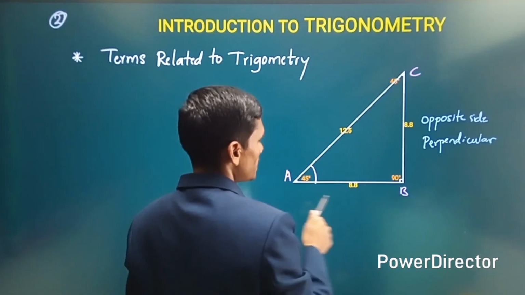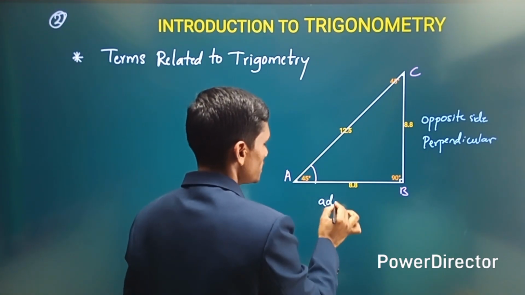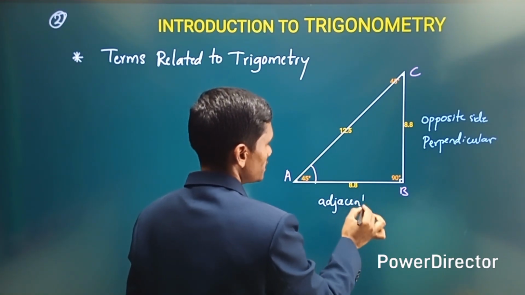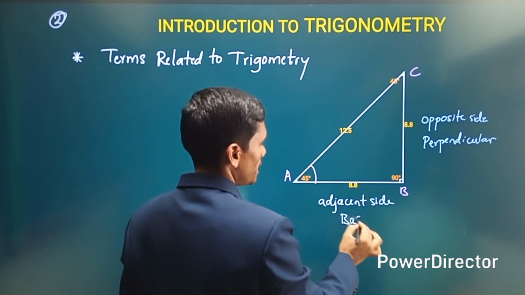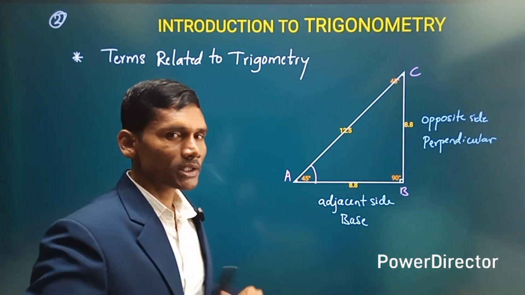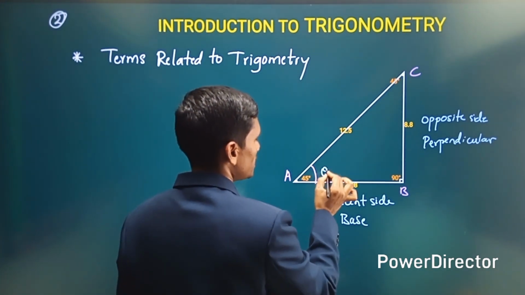Now, this side is adjacent to angle A. We can call this the adjacent side, or we can also call this the base. Now, this angle should also be named. In terms of trigonometry, we are calling this angle theta.